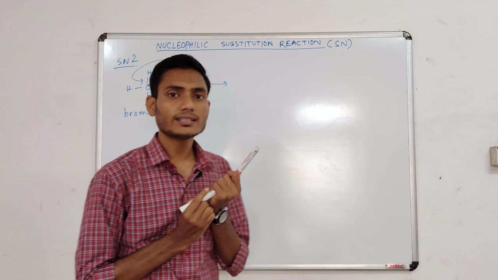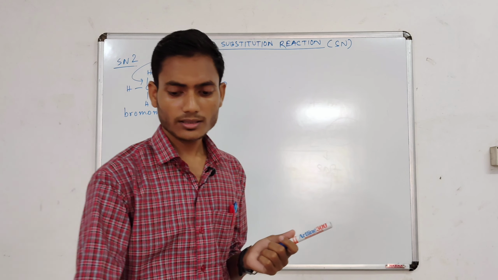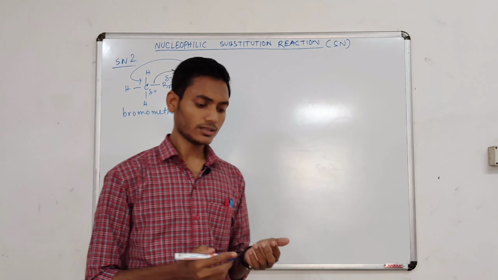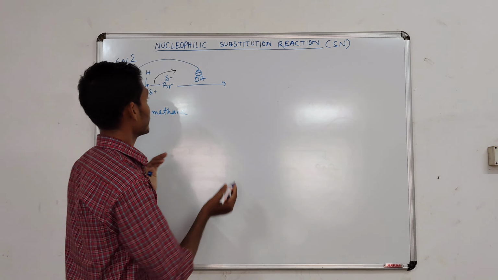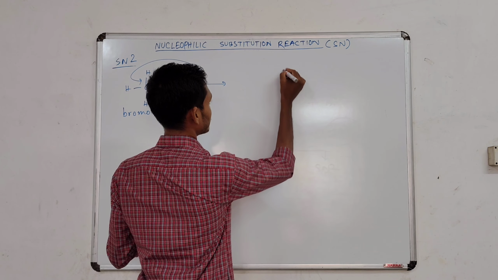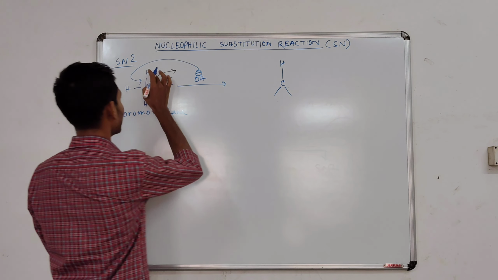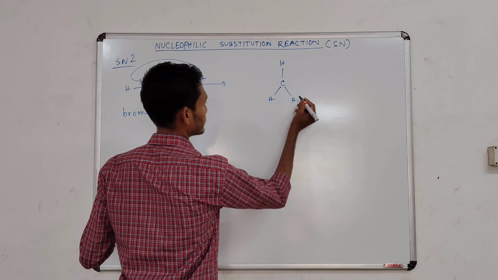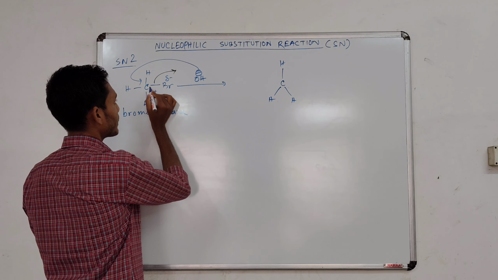Here a transition state is formed. What is a transition state? A transition state is a very unstable state. So we can write the transition state: C with 3 hydrogens.